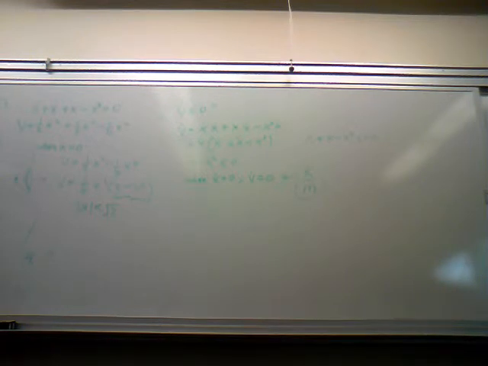Here's our origin, and here's -1 and +1. So how can we show that these are unstable?